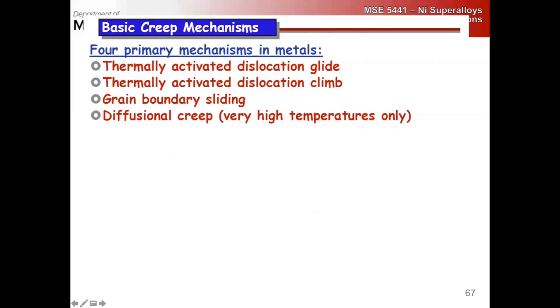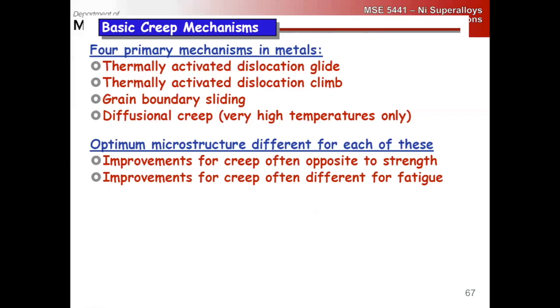And we can largely ignore diffusional creep because this is at very, very high temperatures relative to melting. We don't want our material that high. So largely for superalloys, we're going to think about dislocation glide, climb bypass processes, and then the motion of grain boundaries, right?